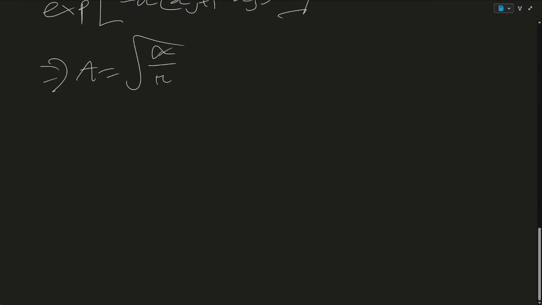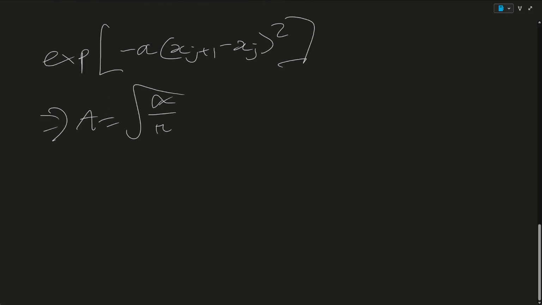So continuing on, we end up with a number of nested Gaussian integrals. So we'll start with an identity, and that identity is the product of two Gaussians.